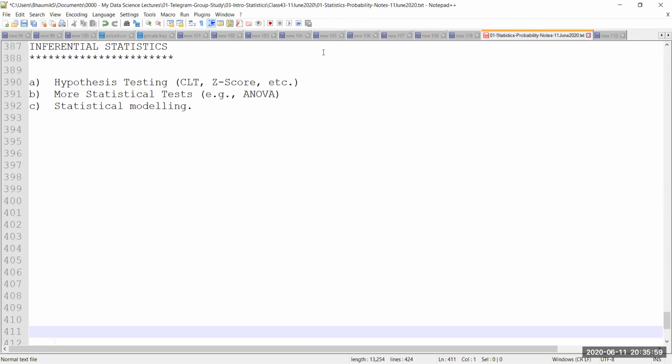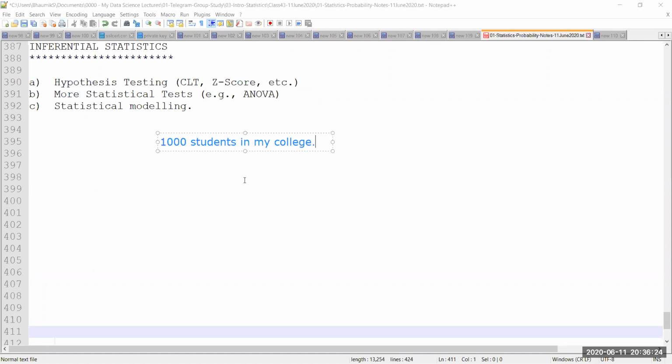Let's try to take an example. Okay, we'll take an example and then we are going to clarify a few things. So let's say I have 1,000 students in my college.